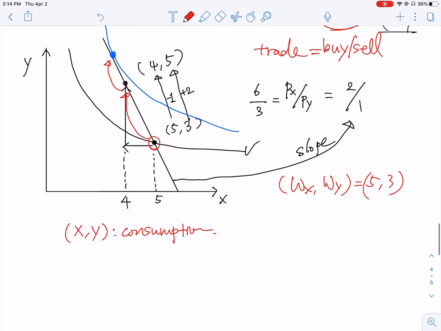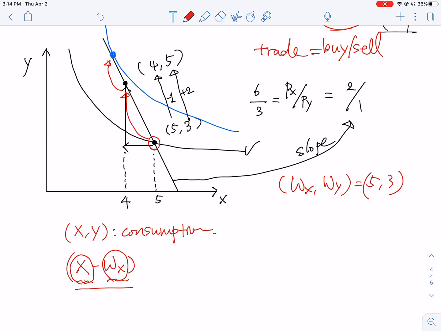Then X minus WX, what is this? X is the consumption, WX is how much you have. If this is a positive number, that means you're purchasing this much of good X from the market. This is what you already have, and this is what you're going to consume. The difference, you have to buy from the market.